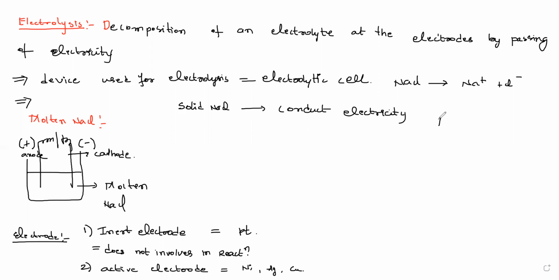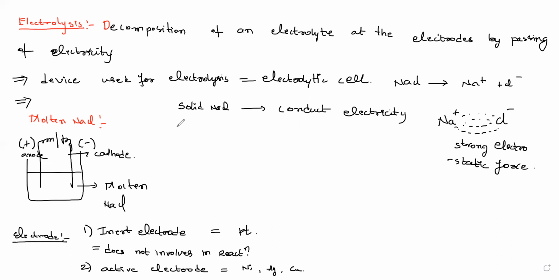In solid NaCl, the Na+ and Cl- ions have strong electrostatic forces of attraction. Due to that, it does not accept the passing of current through it.